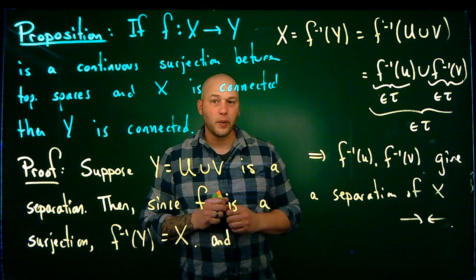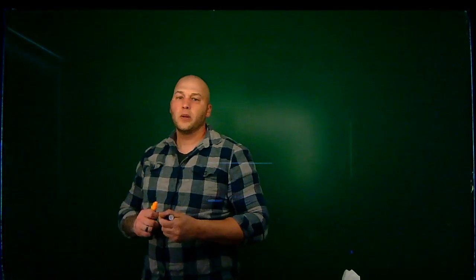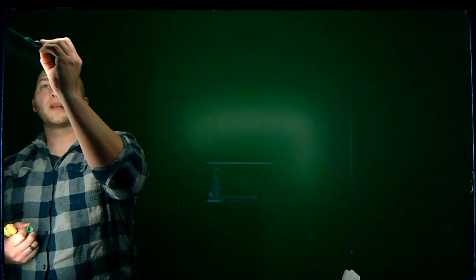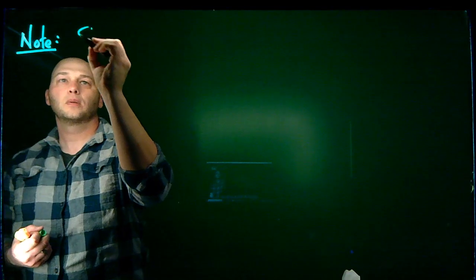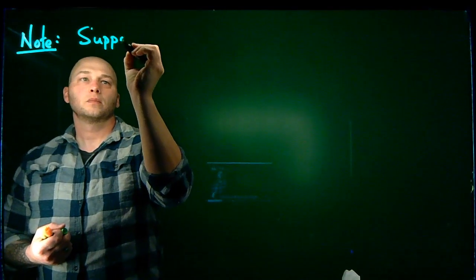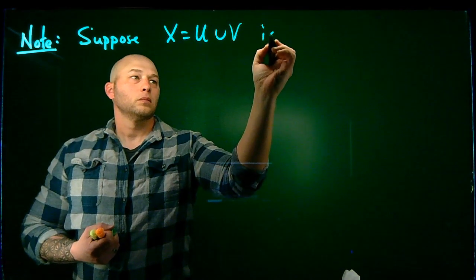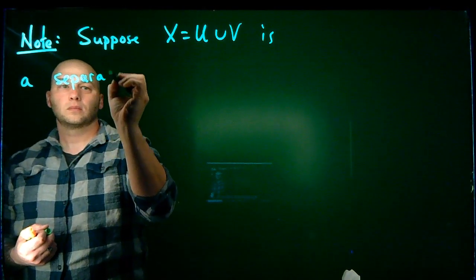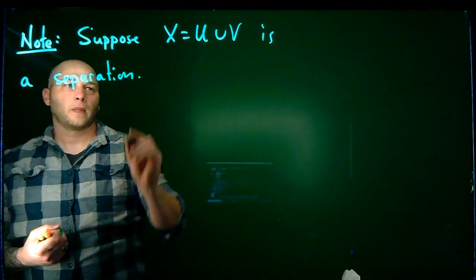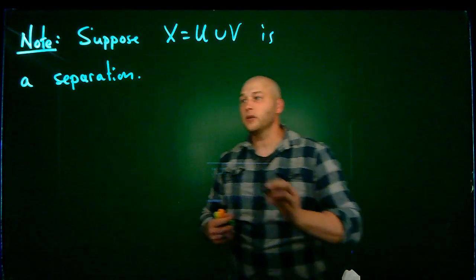There's one more property that I want to show you for connected spaces. Okay. So here's the last property that I want to show you. So let's say, note. Suppose that X equals U union V is a separation of that space.